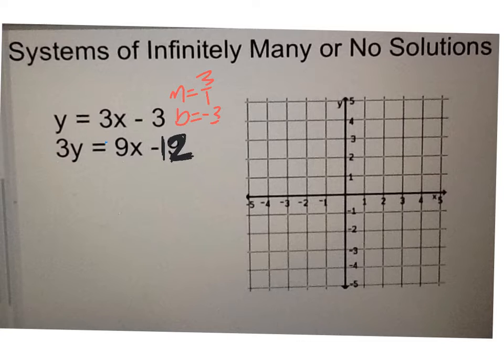So now we would be able to divide both sides by 3, and we would do circle, circle, make a pretzel. And what we would have is y equals 3x minus 4. So when I go to graph this second one, my slope is 3 over 1. My y-intercept is negative 4.